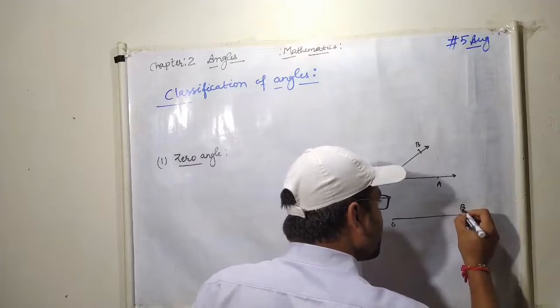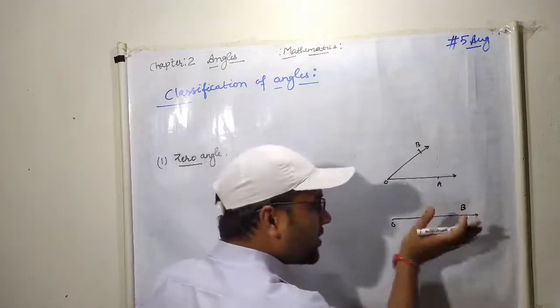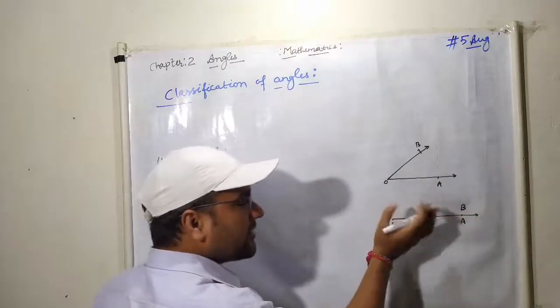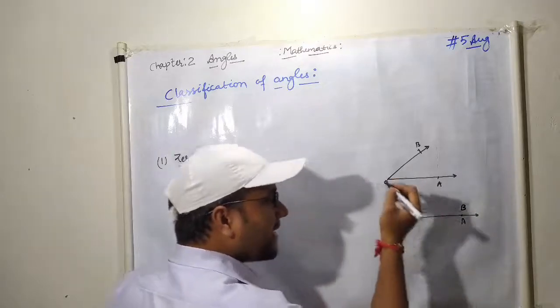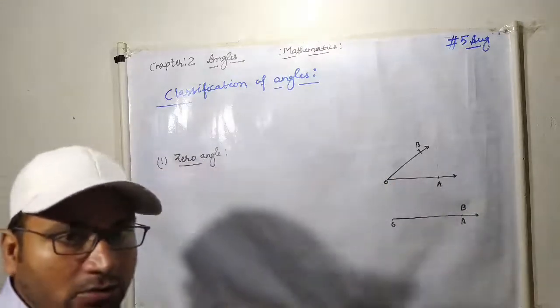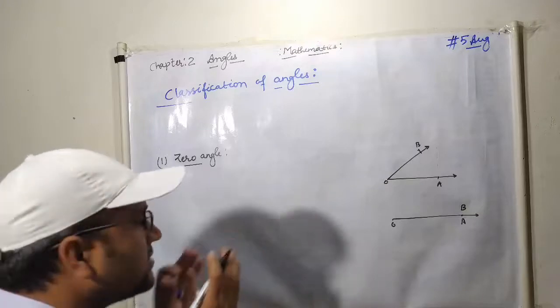This point is said to be B. So OA and OB coincide each other, then it forms an angle. That angle is known as a 0 degree.